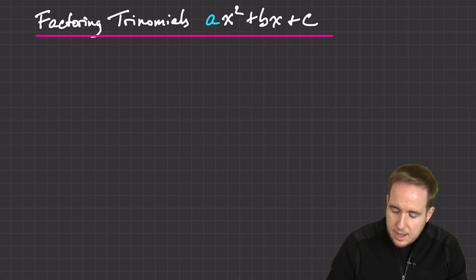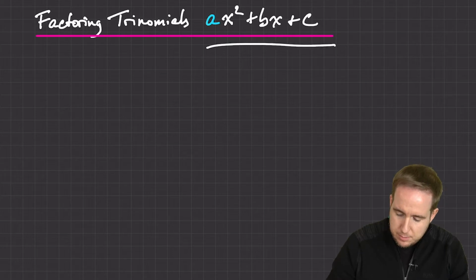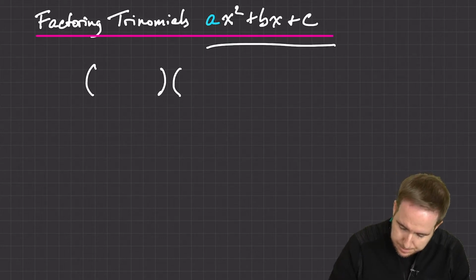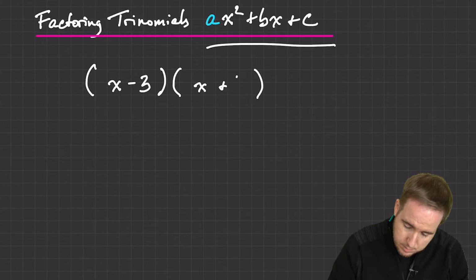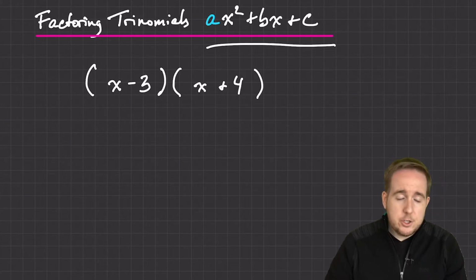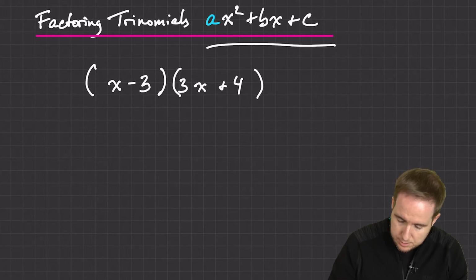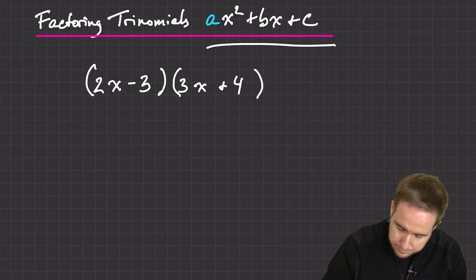So what kind of thing makes a trinomial that looks like this? Well, it comes from two binomials, where there is, say, an x there and an x there, but you also have numbers. So say, for example, 3 and 2. And you distribute.